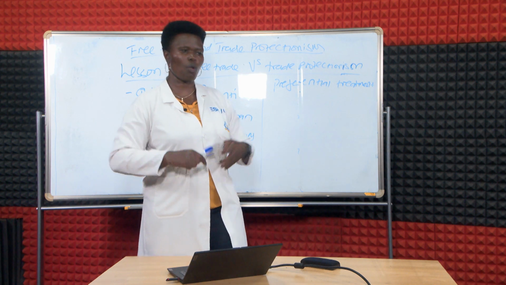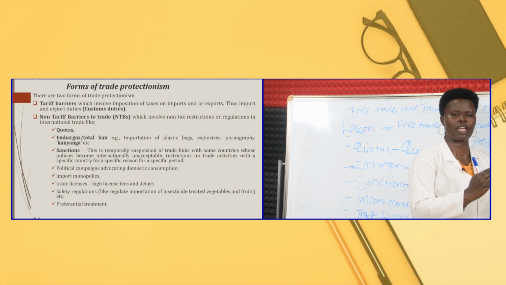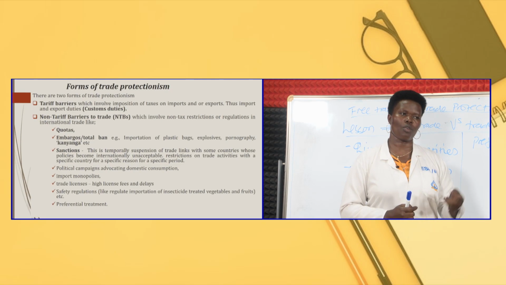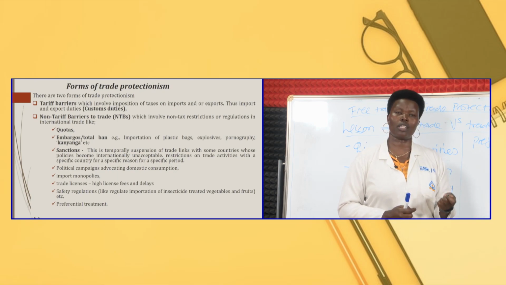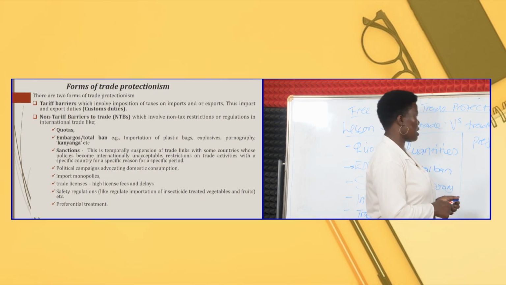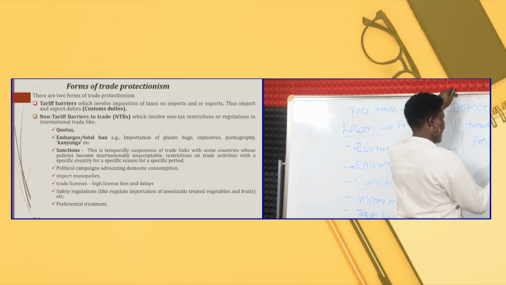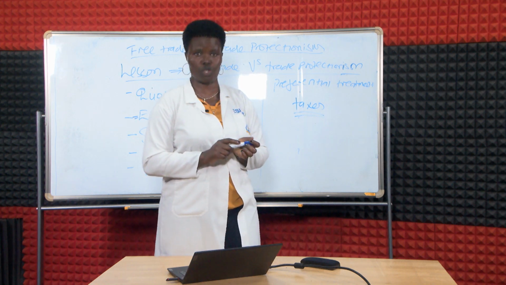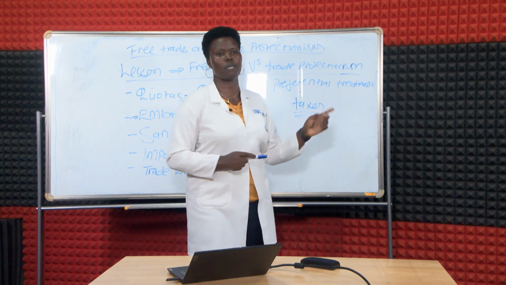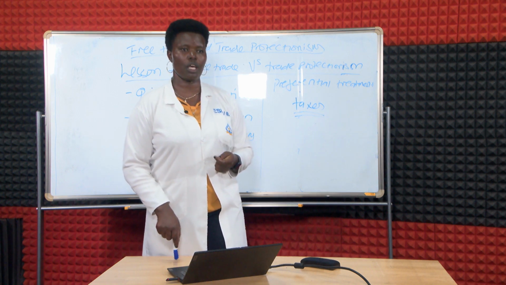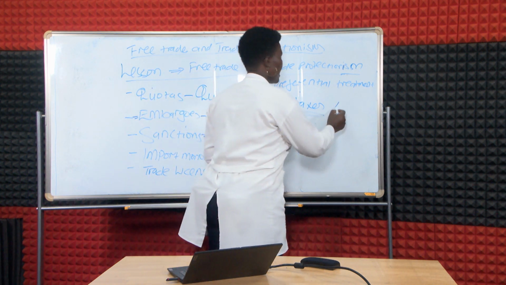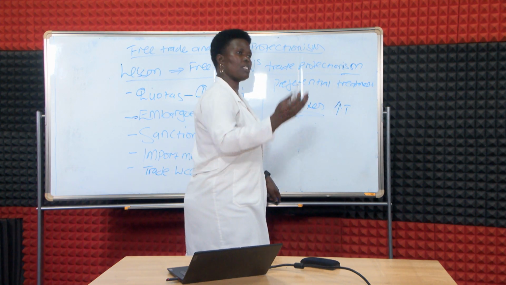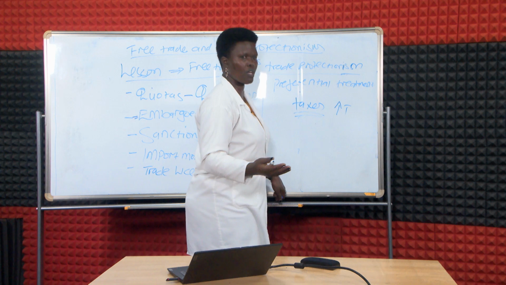This means that where you want to treat someone in a friendly way, you're going to reduce the number of restrictions. You're going to reduce the weight of the restrictions. For example, if there are taxes that you are imposing on different commodities coming from outside the country, and you want to give a preferential treatment to a given country, other countries you will charge high taxes, but to another country you want to give a preferential treatment because maybe you have bilateral agreements together or whatever.